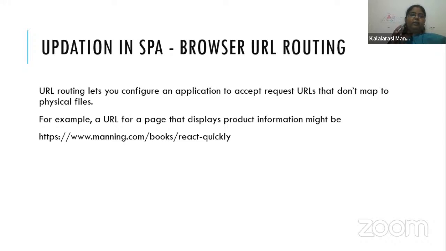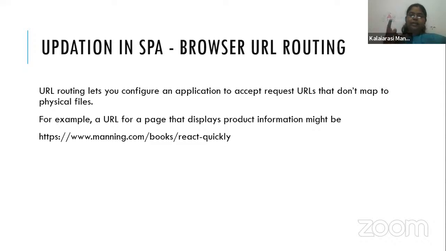Your URL routing lets you configure an application to accept the URL request you have given, and in the same manner, display the product information. If you enter inside a product, it will quickly give you the product's page.